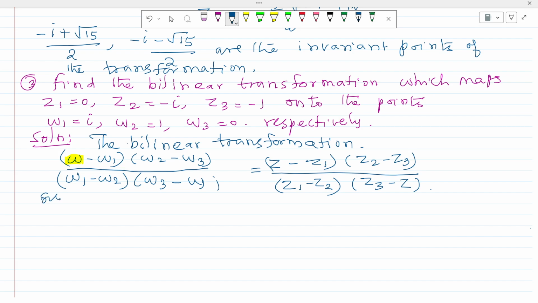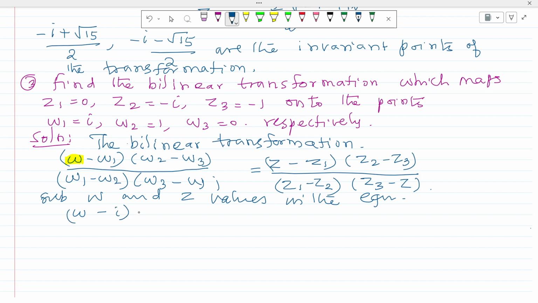Substituting W and Z values in the equation. W1, W2, W3 are given, Z1, Z2, Z3 are given. Keep W as W only, Z as Z only. So the first term is W minus W1, where W1 equal to i.